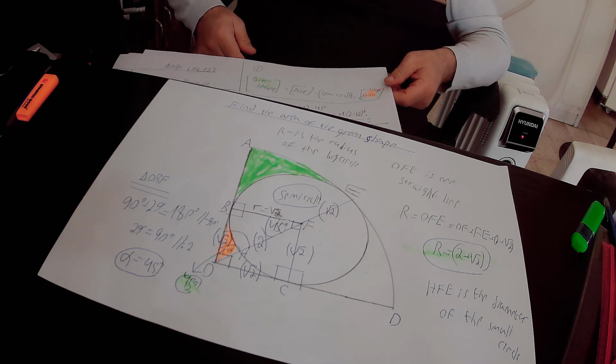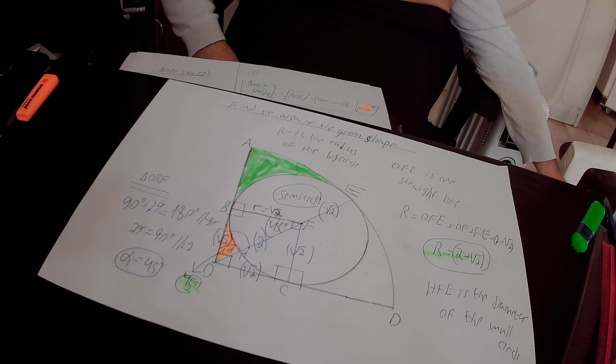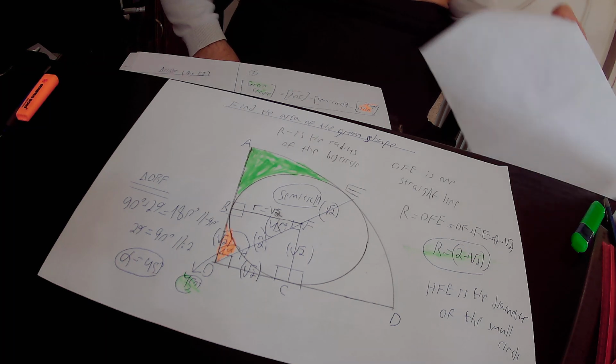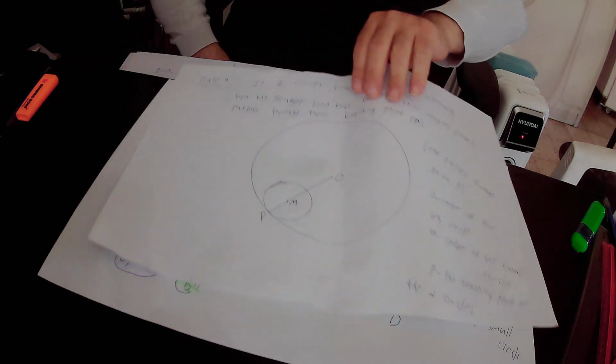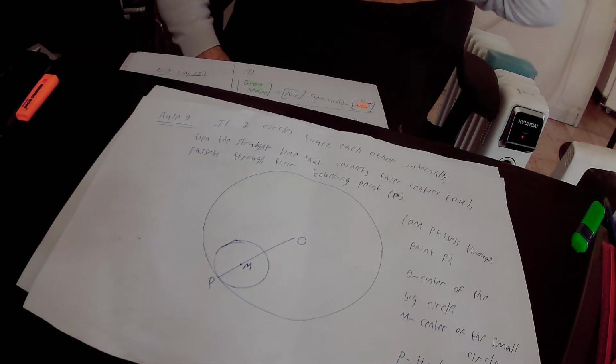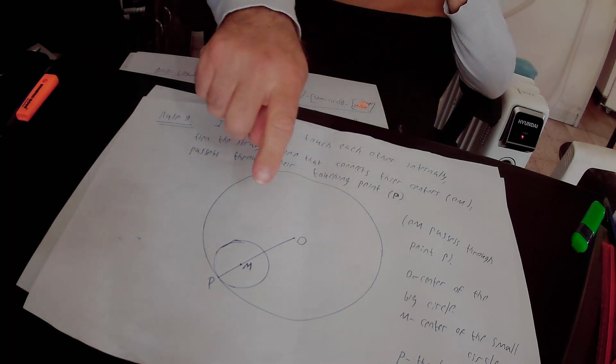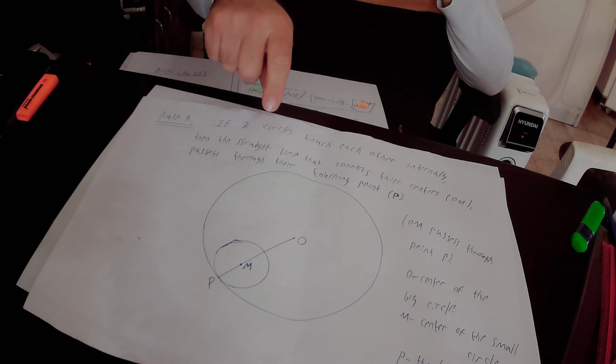Then I presented to you rule 9, as we implemented rule 9 in our drawing. According to rule 9, if two circles touch each other internally, then the straight line that connects their centers together must pass through their touching point. In the drawing, we have two circles.